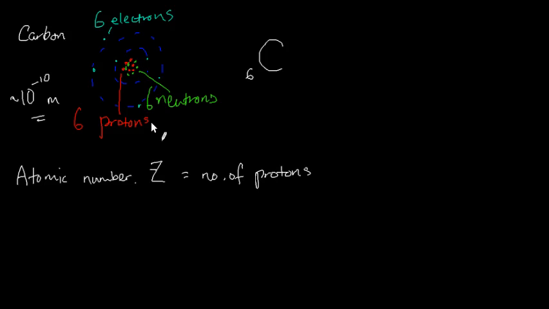And we would write the total number of protons and neutrons as a small number on top here, which is 12. Okay, so we call that number the mass number.